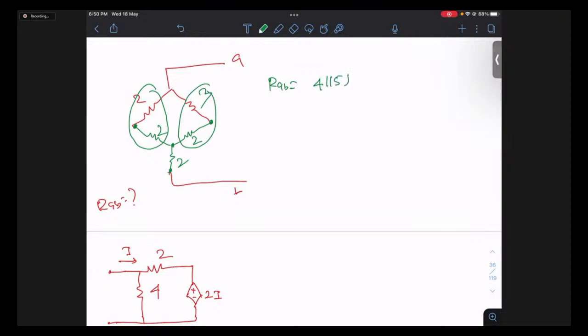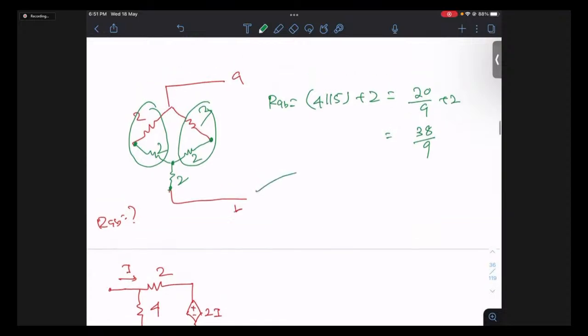So 4 parallel with 5 and in series with 2. So 20 by 9 plus 2. So this happens to be how much? 38 by 9. So 4 point something you will get. This is the answer.